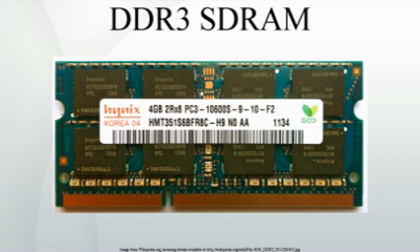DDR3 latencies are numerically higher because the I/O bus clock cycles by which they are measured are shorter. The actual time interval is similar to DDR2 latencies, around 10 nanoseconds. There is some improvement because DDR3 generally uses more recent manufacturing processes, but this is not directly caused by the change to DDR3. As with earlier memory generations, faster DDR3 memory became available after the release of the initial versions.